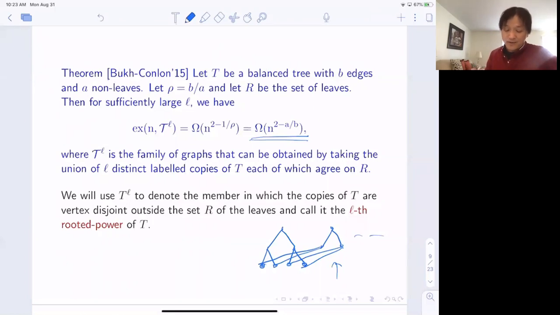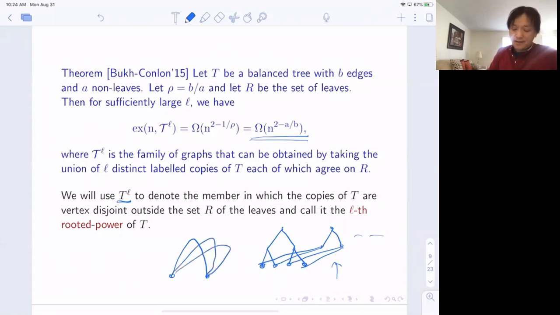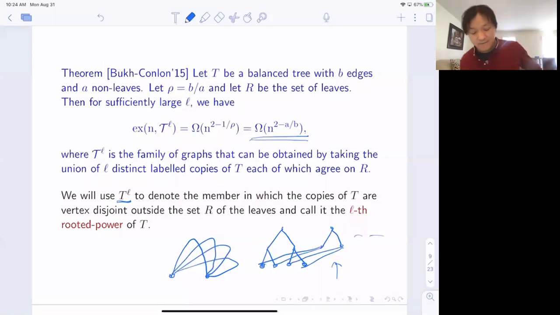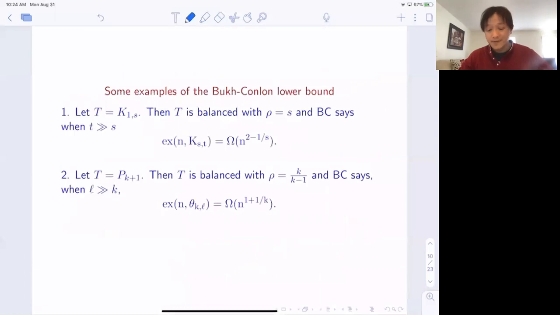So I'm going to denote this special member, the clean gluing, by just the regular T to the L. So as an example, if I take the K path and do the clean gluing of the K path, then I get a Theta graph.